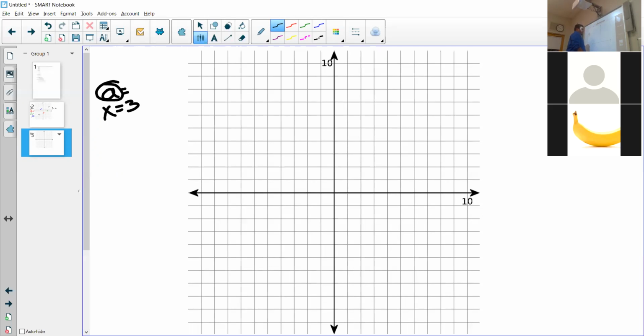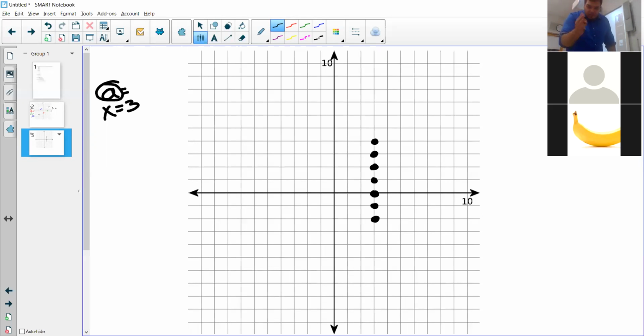Well, x equals 3 means that it's every spot where x equals 3. So what does that mean? That means (3, 0), (3, 1), (3, 2), (3, 3), (3, 4). Technically, you go to negative also: (3, -1), (3, -2).